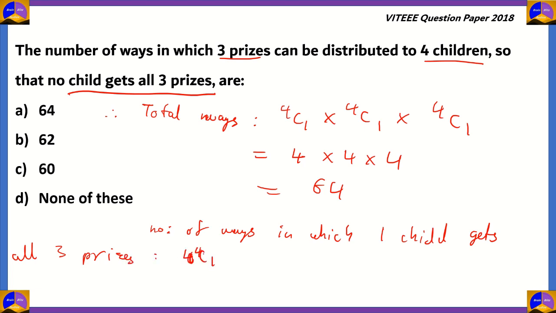The reason being that here 1 refers to 1 kid being chosen to take all the prizes, and there are 4 kids in here. So 4C1 would be the correct combination. So 4C1 is also equal to 4. So the total number of ways in order to distribute the prizes is 64. The number of ways in which one child gets all 3 prizes is 4.